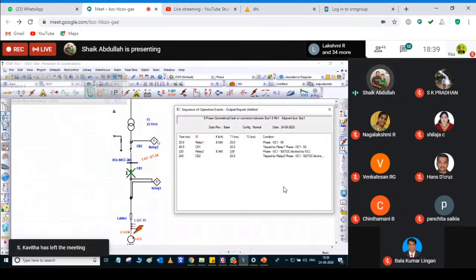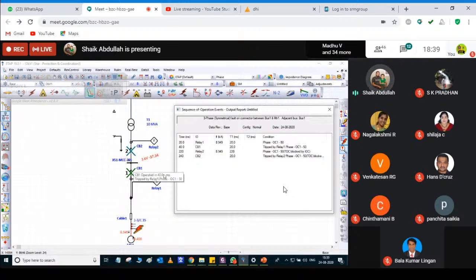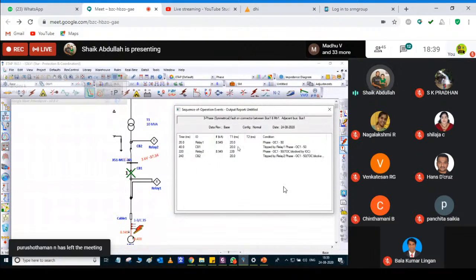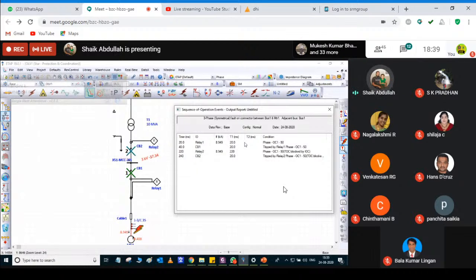Whereas an LV circuit breaker has a band like a fuse. We cannot expect it to operate at a particular time or particular current; the current and time of operation will differ, with a band between lower limit and upper limit in the case of a fuse and an LV breaker. In the case of HV we don't have that. That's why T2 is empty here, and we have only T1.